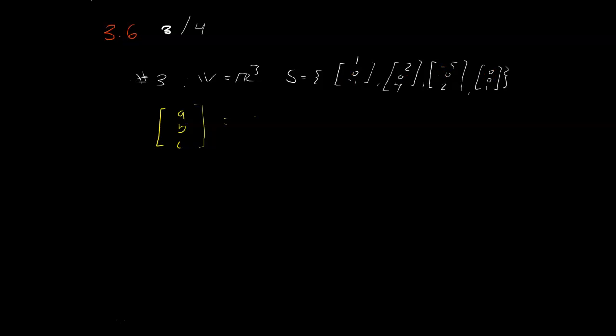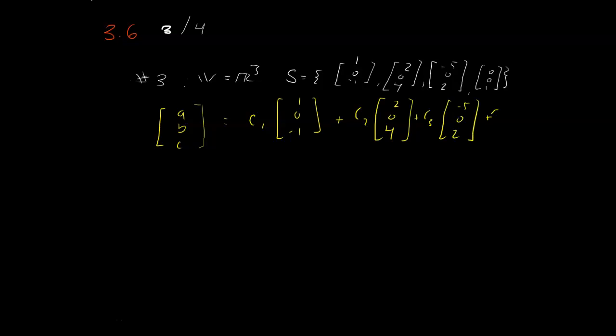So could this be C1 times that first plus C2 times this next one plus C3 times the second last one, the penultimate, plus C4 times 0, 0, 1? So that's one way of thinking about this problem: can I write any arbitrary A, B, C in this way?